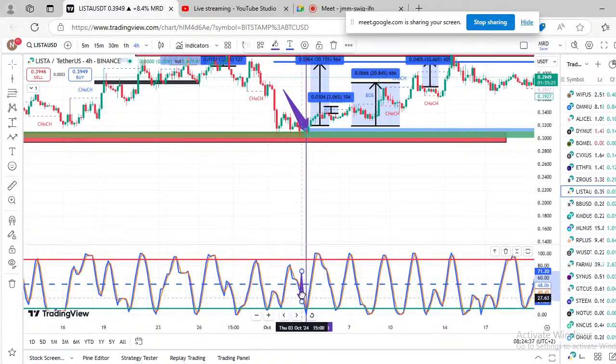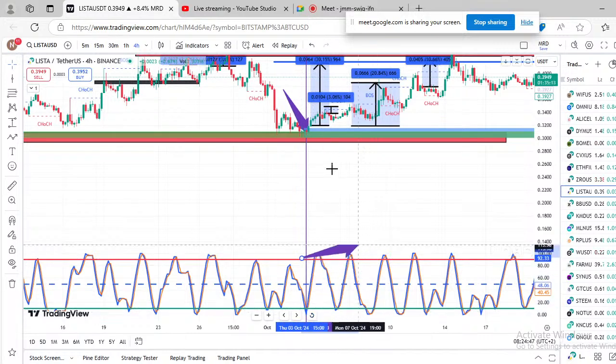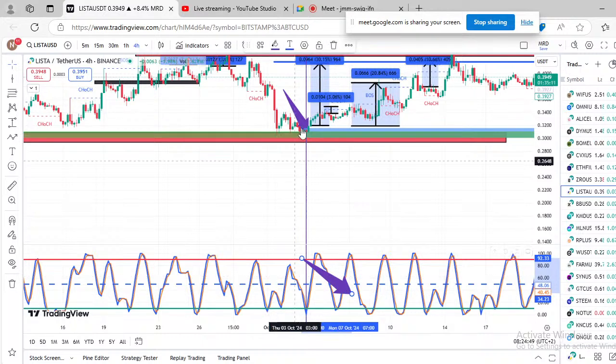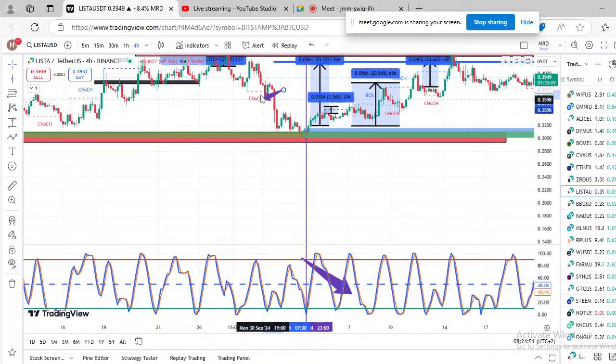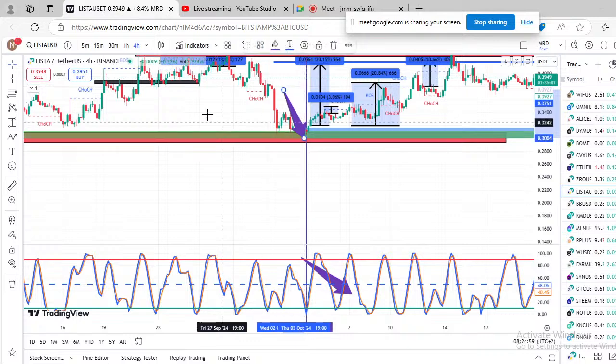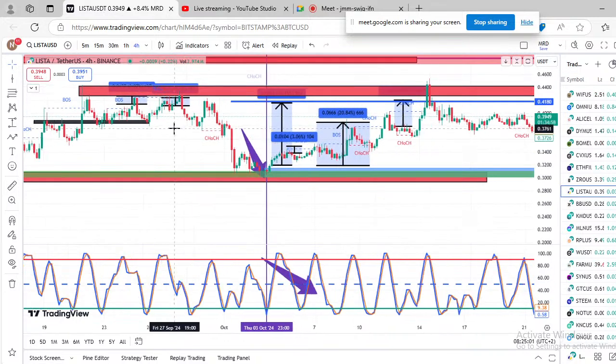That's why we can see that the moving averages were coming from the oversold region, and when we compare with the chart, the candles are also at the discount level or at the support level. So you could consider that, enter the trade and enjoy.